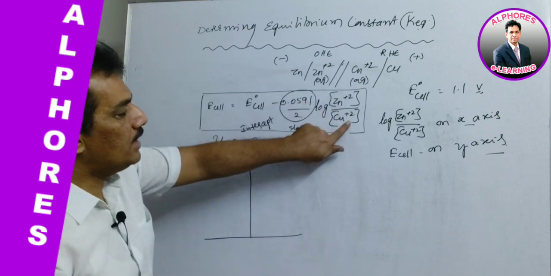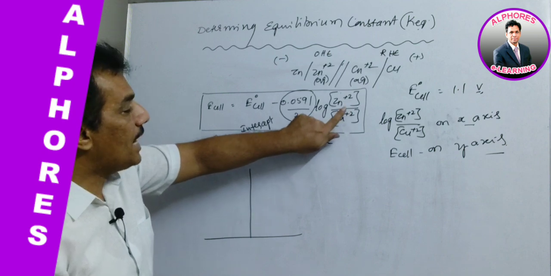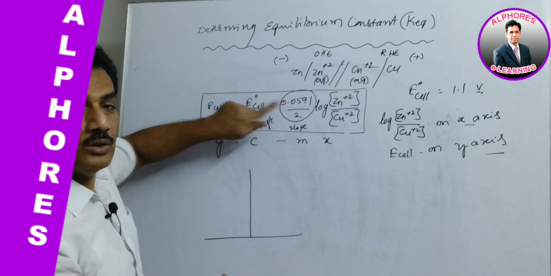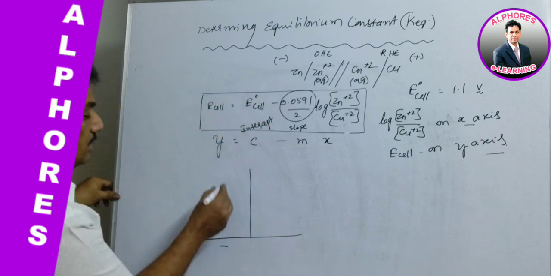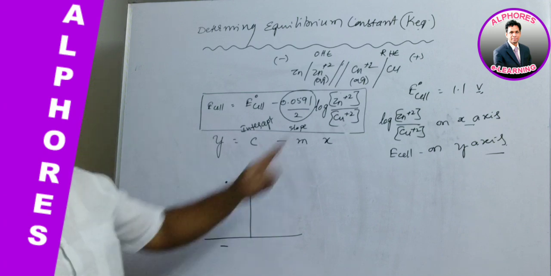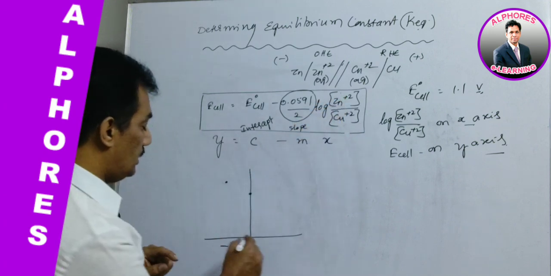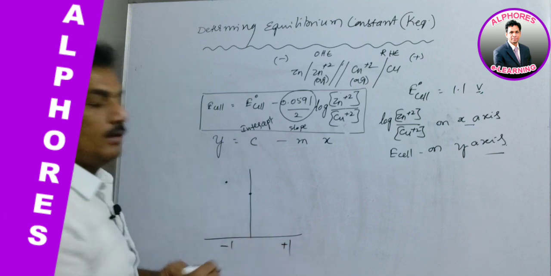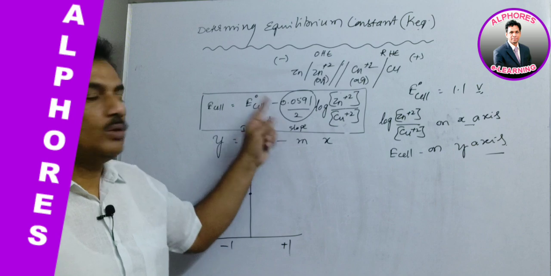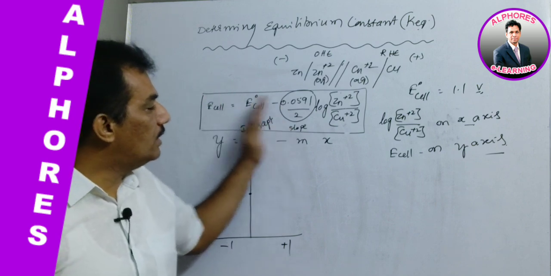If this value is minus 1, minus 1 into minus is plus, so when it is minus 1, its value is more. If it is plus 1, here it is plus 1, and when it is plus 1, plus of minus is minus. So its value will be less.